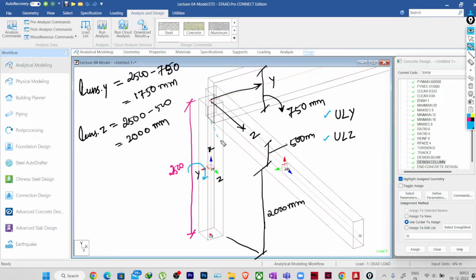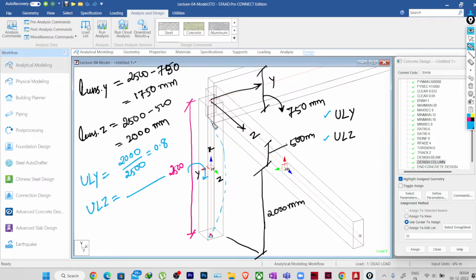Because in this case the column is bending like this. So in case of ULY, the unsupported length factor about the y-axis, it will be 2000 divided by 2500. So 2000 divided by 2500, we are getting 0.8.